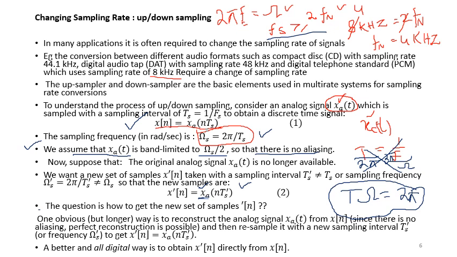But this is very expensive, in that we need to make a circuit that takes the input x(n), produces its analog version, and then once you get the continuous version, you sample it with your own desired sampling rate. A better option is to do this all in a digital way. That means we obtain x'(n) from x(n).